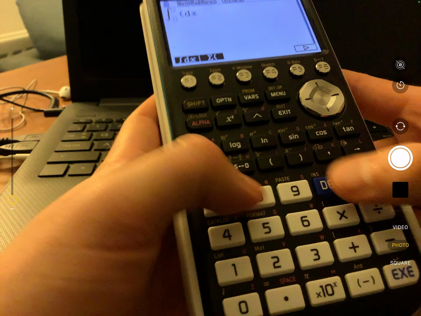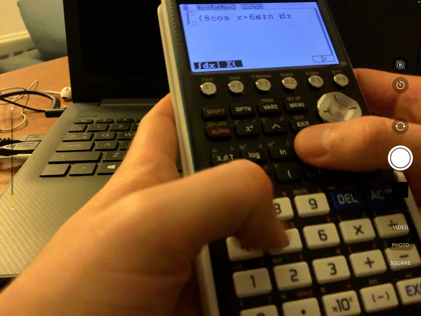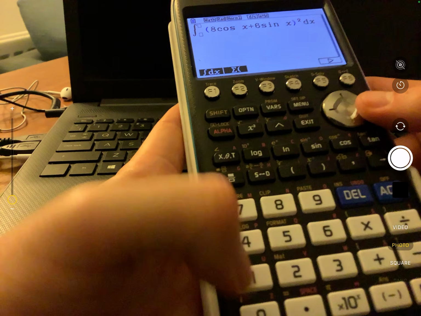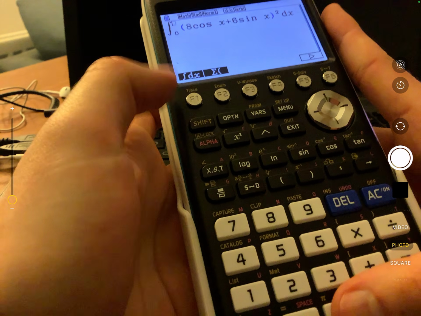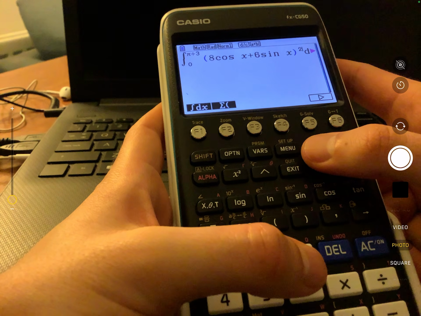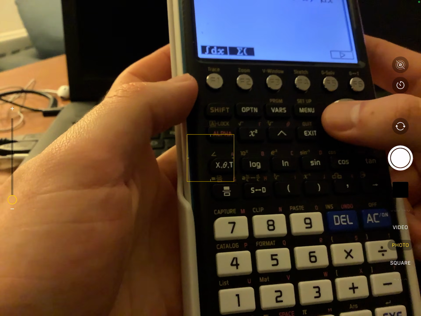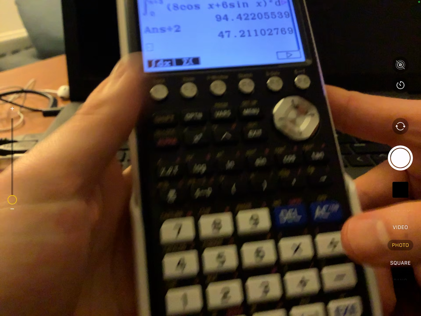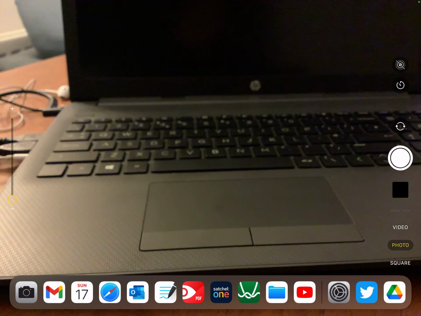We were integrating here, I think it was 8 cos theta plus 6 sine theta, obviously I'm doing it with x, and that's all squared, between 0 and pi over 3. So you can have it looking like this. I'm just going to put the half at the beginning as well, if it will let me. I don't think it's going to let me, so I'm just going to divide by 2 afterwards. So I've got 47.211.